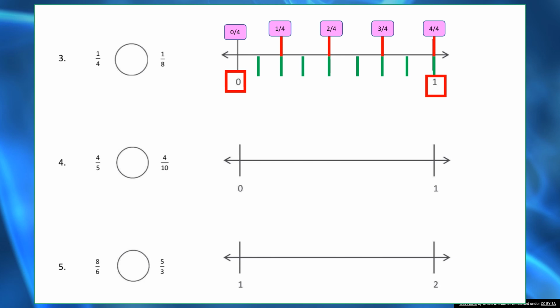Now let's go ahead and label our eighths, which are at the bottom of our number line. So we're going to start with 0, and the fraction that would be underneath 0 is 0/8. And we're on a number line, so we're counting up. So after 0/8 would be 1/8, then 2/8.